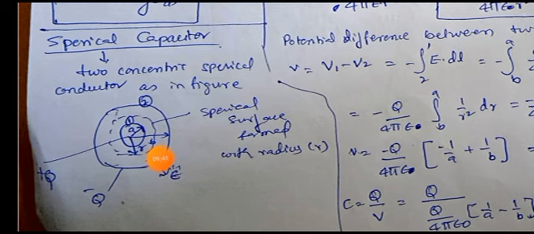So what is the surface area covered by the electric flux, which is in the form of a sphere whose radius is r? You have to take the area of that sphere formed by the electric flux.